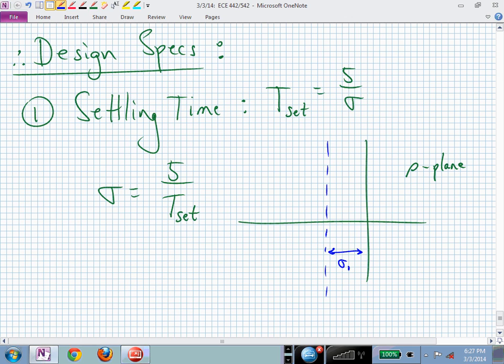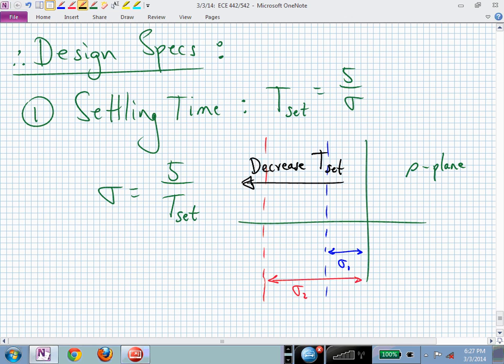Now let's say we had poles that were sigma 1, or maybe we had poles that are sigma sub 2. I hope it's clear then that if we want to decrease our settling time, we need our poles to have real parts that are further into the left half plane.